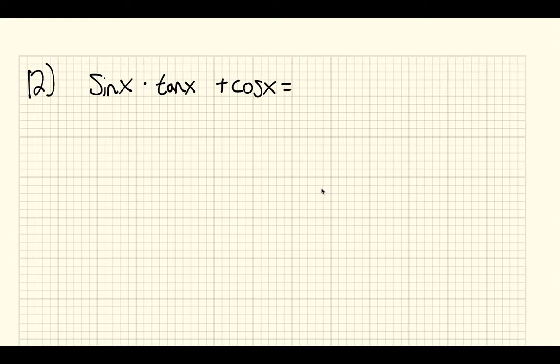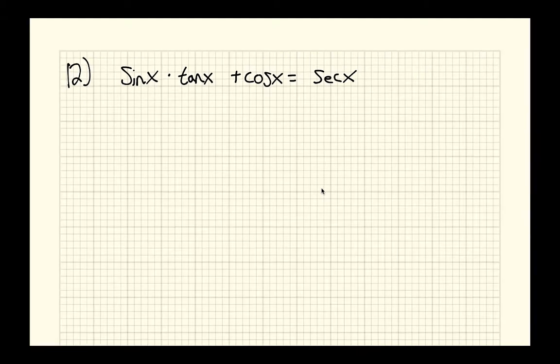This needs to equal the secant of x. So let's work with that left side, see if we can't make that equal secant x. We'll probably end up with a 1 over cosine somewhere, and that will lead us to the secant x. So let's rewrite tan as sine over cosine.